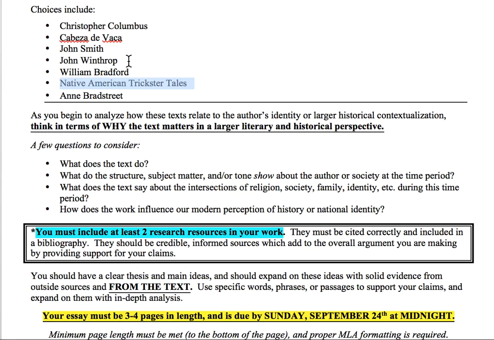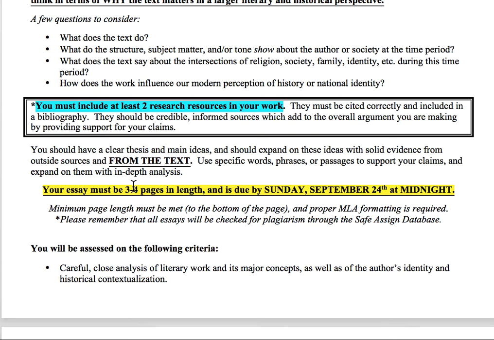Same thing if you're talking about the importance of, say, the spider metaphor, symbolism or metaphor in John Winthrop's text. You need to give me the actual quotes and then discuss the quotes. Tell me why the quotes are showing me what you're talking about. So it always comes back to good, solid evidence from the text.